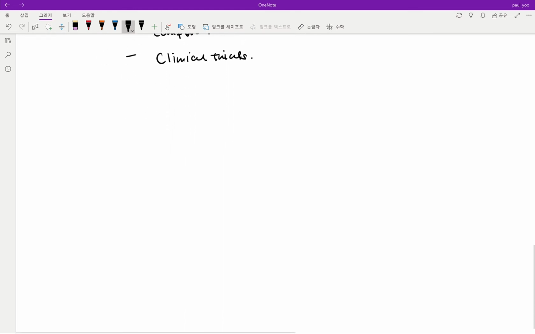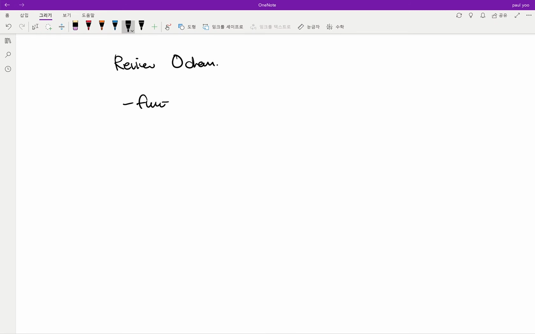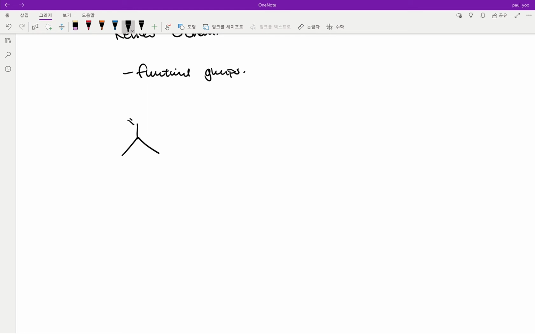And here's a little bit of the ochem review. We shall know the functional groups and how they work. Here's an example of a carboxyl and a hydroxyl group.